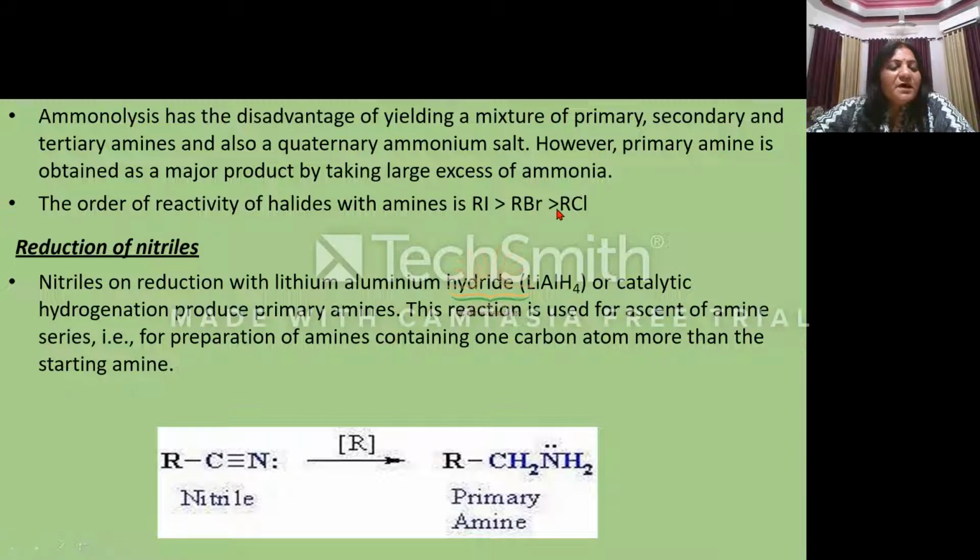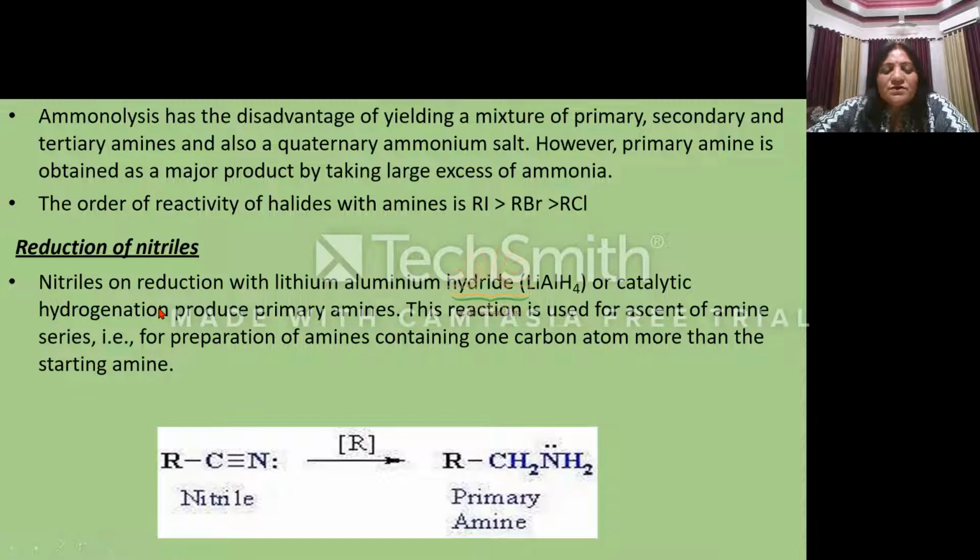Now the second preparation, from the nitriles. Reduction of nitrile. Nitrile is what? Cyanide. In IUPAC nomenclature, this is the nitrile group, triple bond N. So when nitrile undergoes reduction, we can use any reducing agent, but the best reducing agent is lithium aluminium hydride, a strong reducing agent, or catalytic hydrogenation in presence of Pt, Pd and nickel.